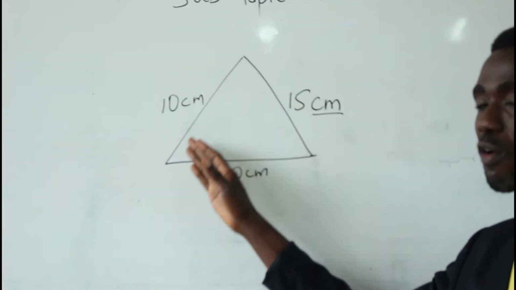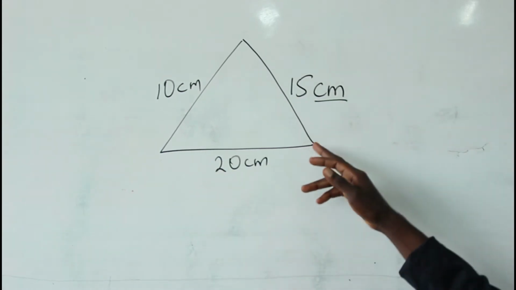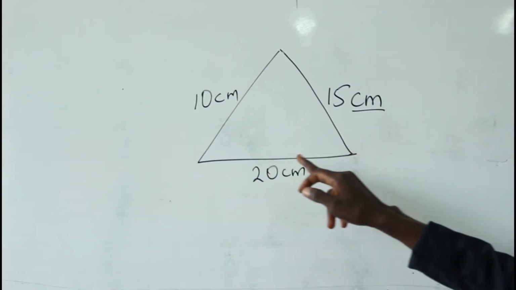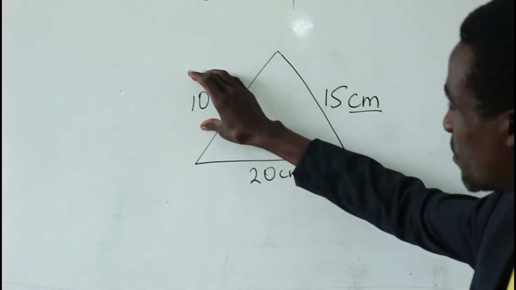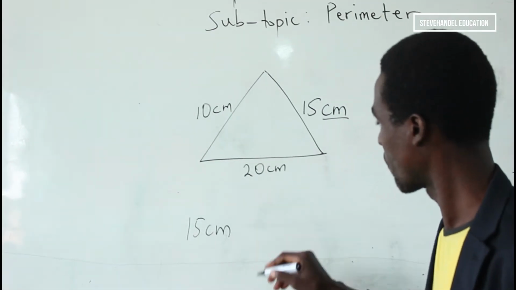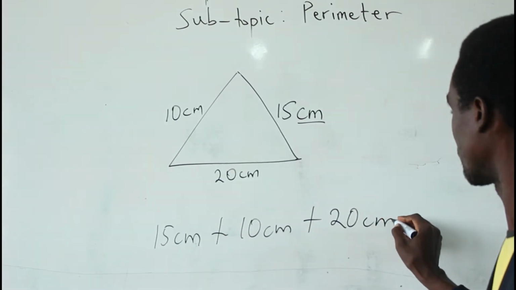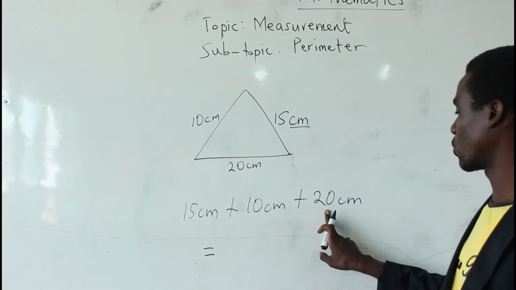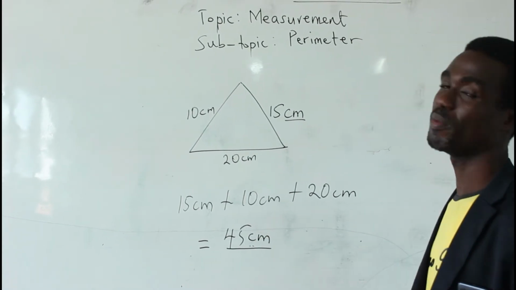Then to find the perimeter of this triangle, as we did for the earlier fence wall, you just calculate the distance from here to this side to that side, which means we are adding 15 centimeters plus 10 centimeters, then plus 20 centimeters, which will eventually give us 15 plus 10 gives us 25, then plus 20, that will give us 45 centimeters as our perimeter.